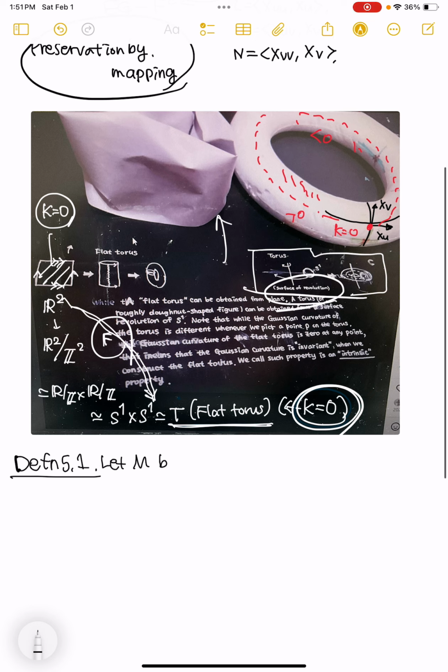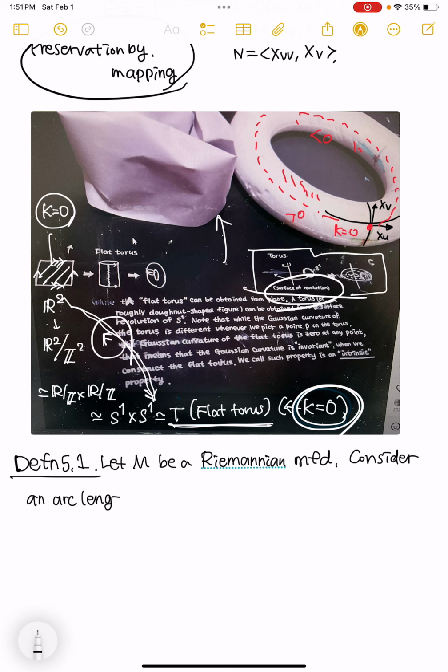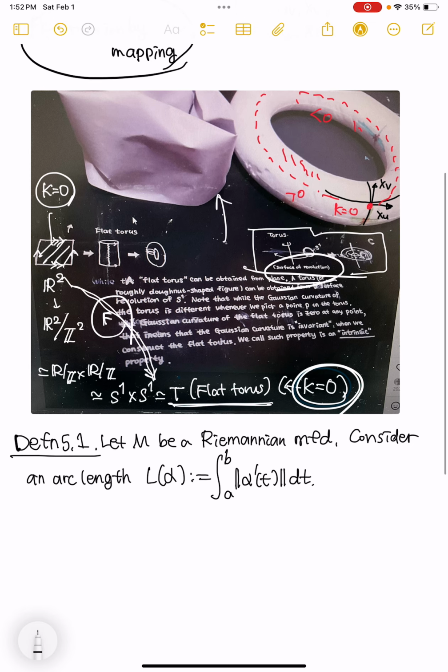So, let M be a Riemannian manifold and consider an arc length, as I defined when I explained the Riemannian manifold. Okay.